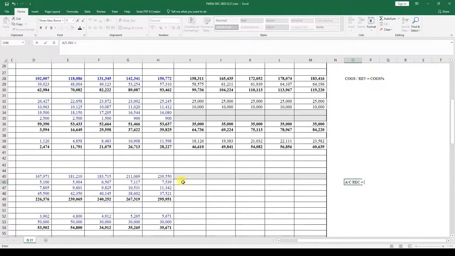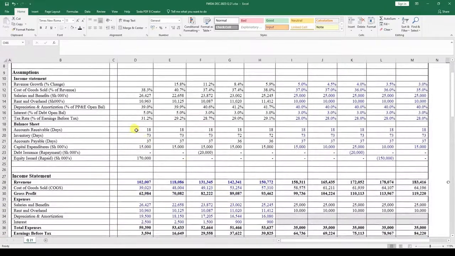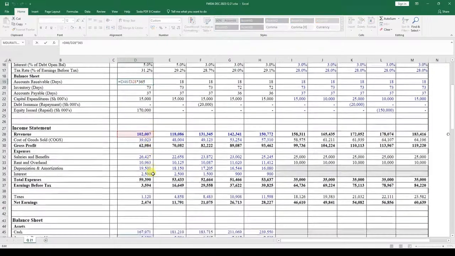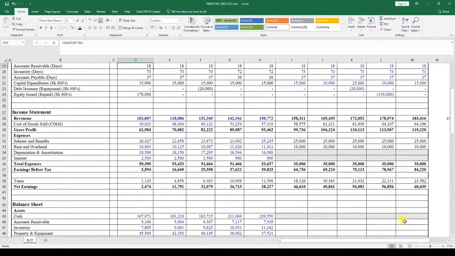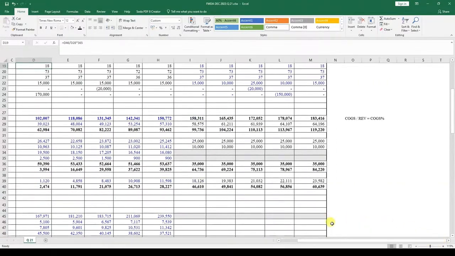We'll pick the revenue, because we already have the accounts receivable days. We are saying the accounts receivable over the revenue times 365. So we are going to pick the days over here, accounts receivable days.